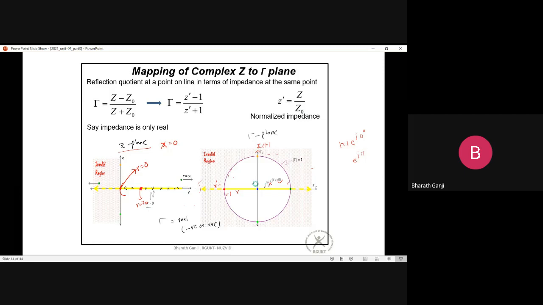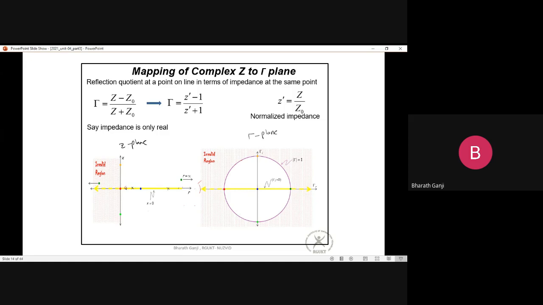So you can see I have plotted the equivalent in the complex tau plane. Okay, so a line in the complex Z plane will be mapped into another line in the complex tau plane.